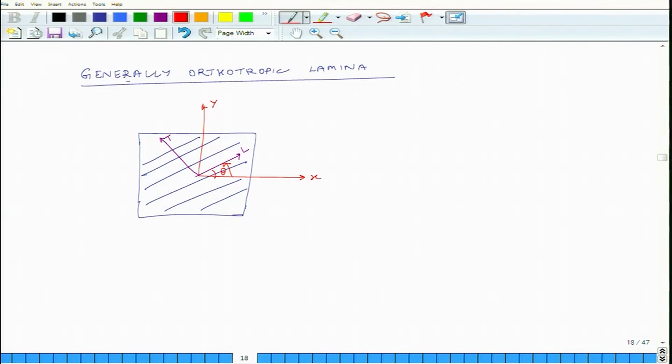And this plate can be loaded by sigma x, it can also be loaded by sigma y, and it can also see some shear stress.